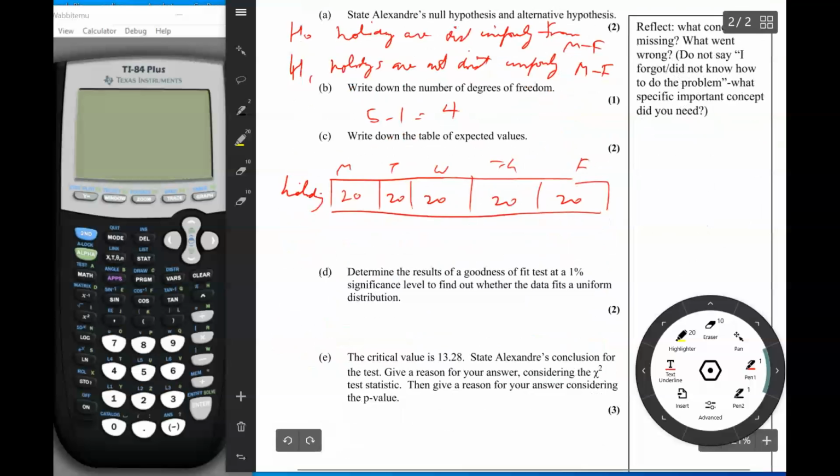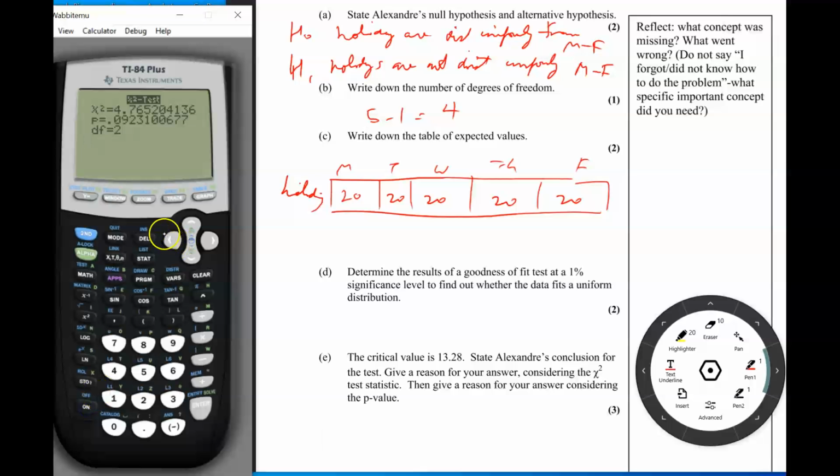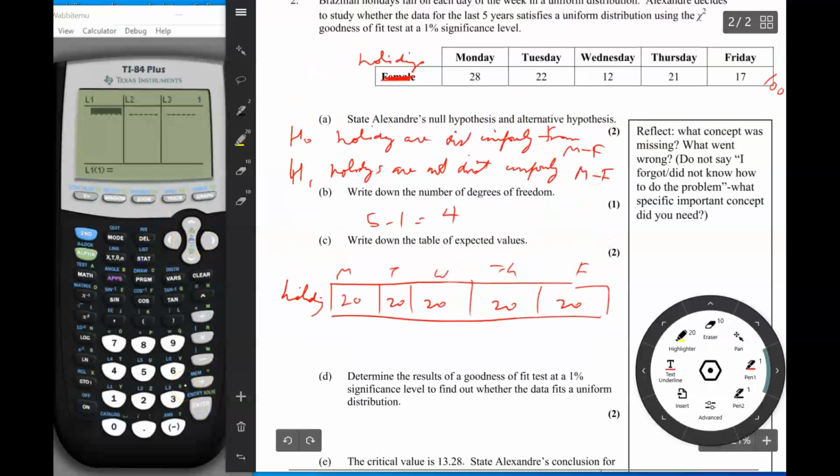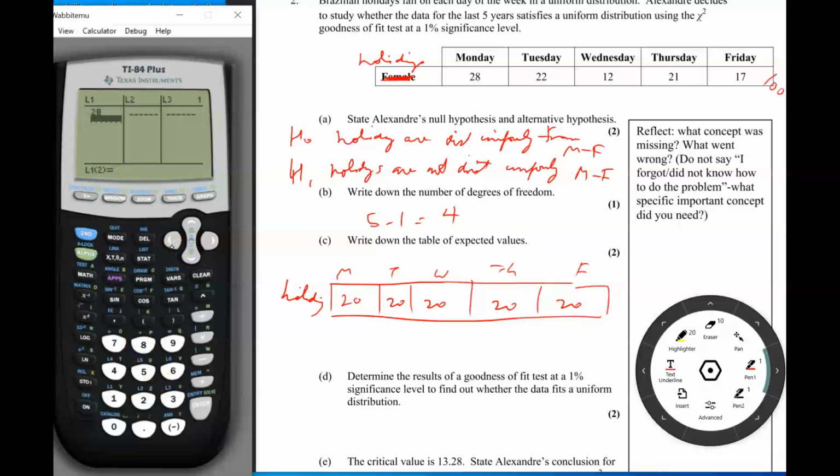Determine the results of a goodness of fit test at 1% significance level to find out whether the data fits a uniform distribution. Okay, so now when you do these goodness of fit tests, instead of using the matrix, you're going to use L1 and L2 because you're just putting in basically a column of data, right? So my data is going to be 28, 22, 22, 12, 21, and 17.